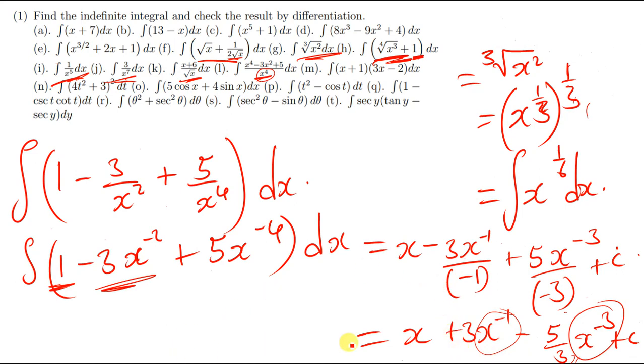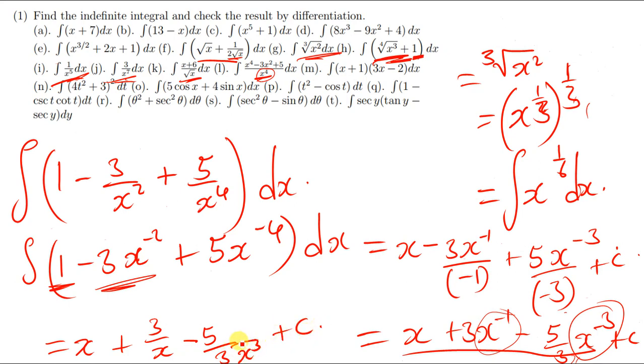What I mean is, this expression can also be written as x plus 3 over x, then minus 5 over 3x to the power 3, then plus c. Alright, so this is exactly what you're supposed to do.